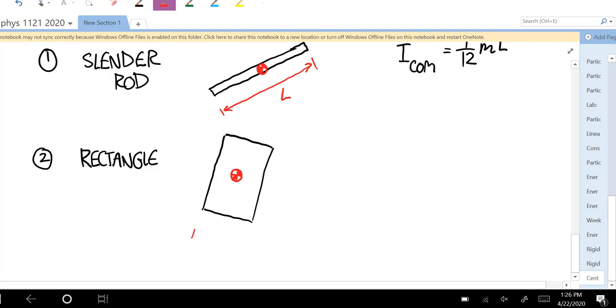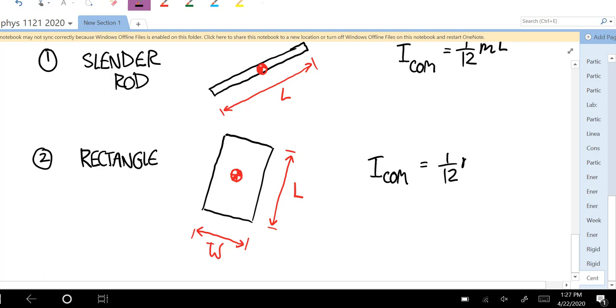Let's say that along one axis, the length is, we'll call that the width, W. And along the other axis, we'll call it L, length. Then the mass moment of inertia about the center of mass, a measure of how hard it is to get this shape rotating, is 1/12 times the mass times the quantity, width squared plus length squared.